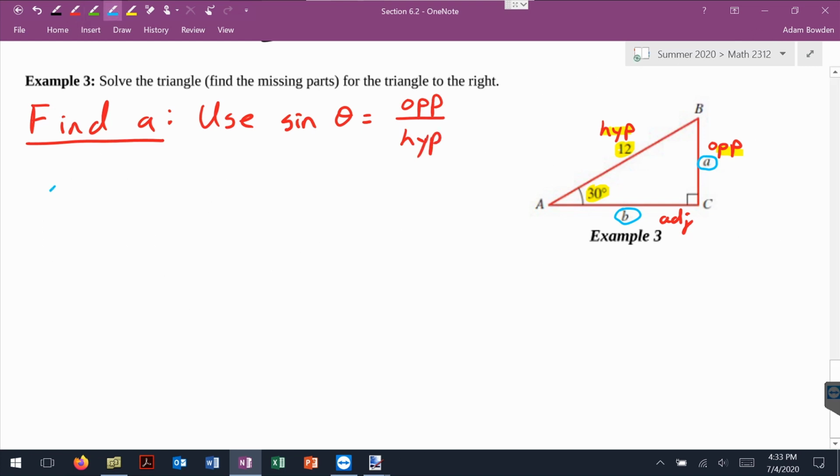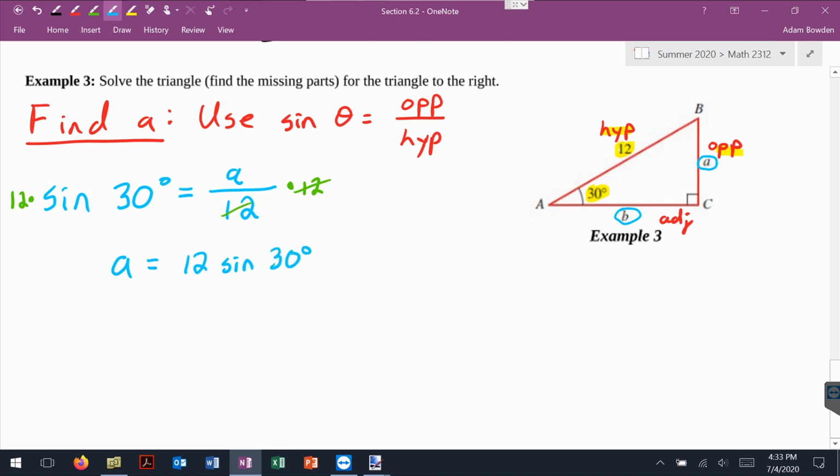So what that means is we say sine of 30 degrees is equal to the opposite, which is the letter A, divided by the hypotenuse, which is 12. And so to solve this, I'm going to multiply both sides by 12, like so. That way it says A is equal to 12 sine 30 degrees.